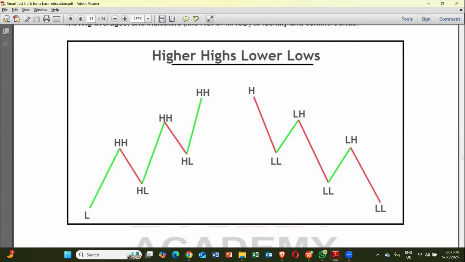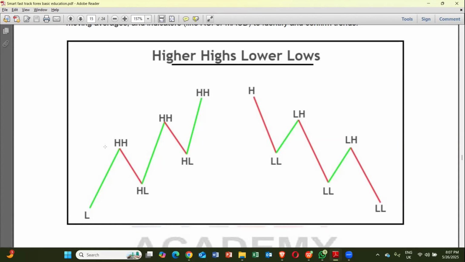Now it came down and created a higher low, because this low is higher than the previous low. Now the market moved up again and broke above this level. So this is what we call break of structure.